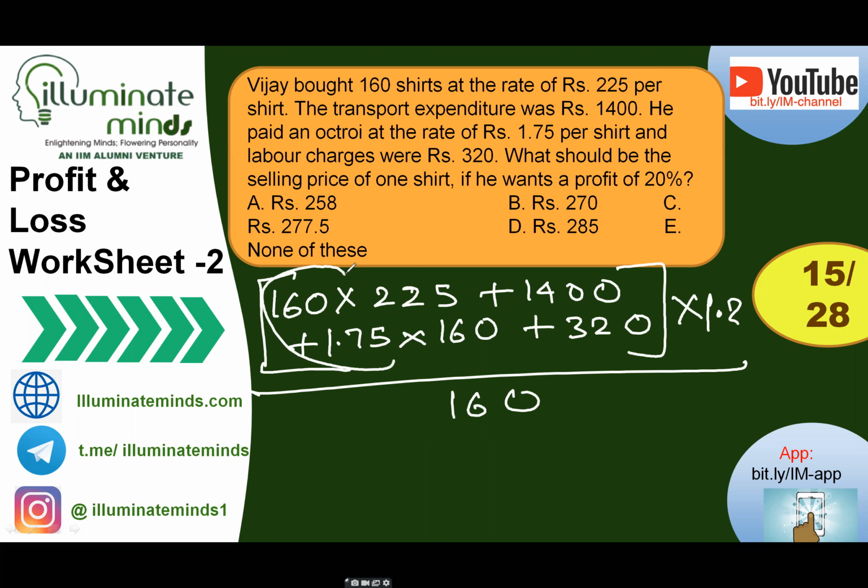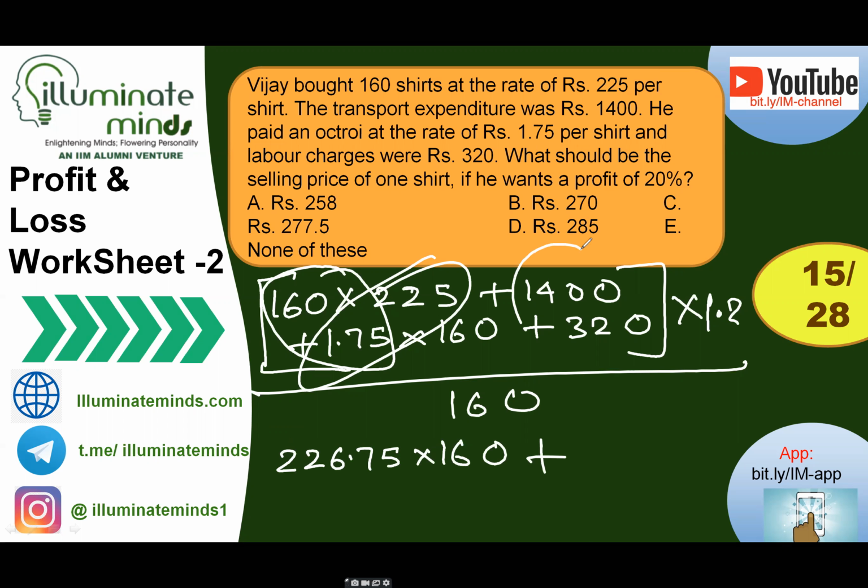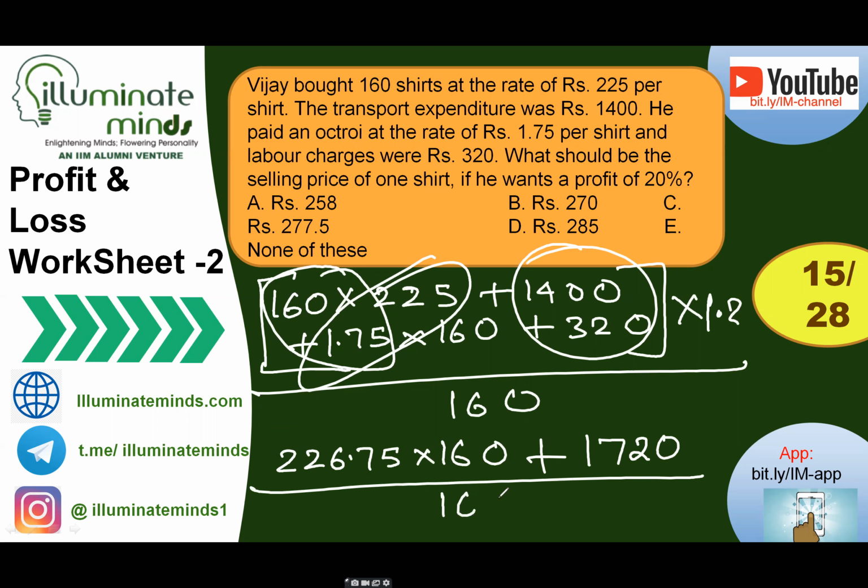Now to calculate with ease, I will add 1.75 and 225. That makes my total 226.75 into 160, plus I will add these two figures, which become 1720. Correct. And then I will have to multiply it with 1.2, so I will keep 1.2 over here.